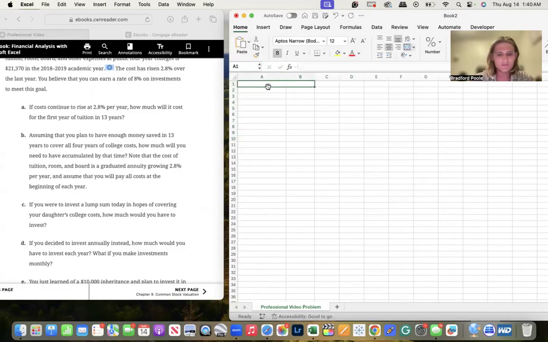Just add a title. It's going to be college costs. And I'm going to start entering the information they gave us. So the current cost is going to be 21,370, and the inflation rate is next.